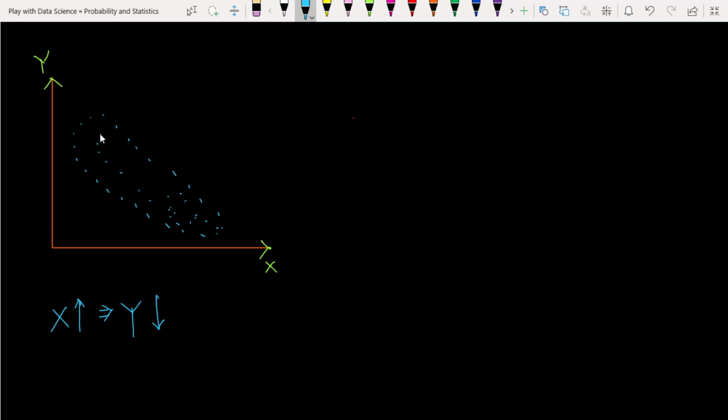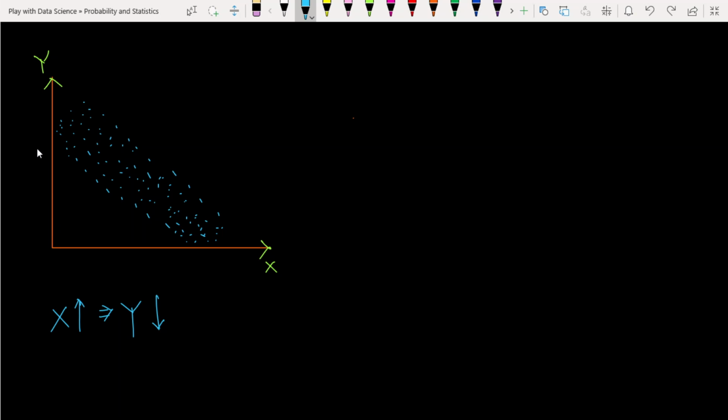Here we have got this type of scatter plot from our data set, where x increases in this direction but y decreases.